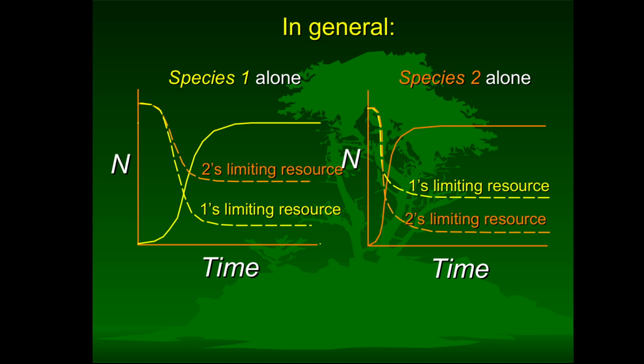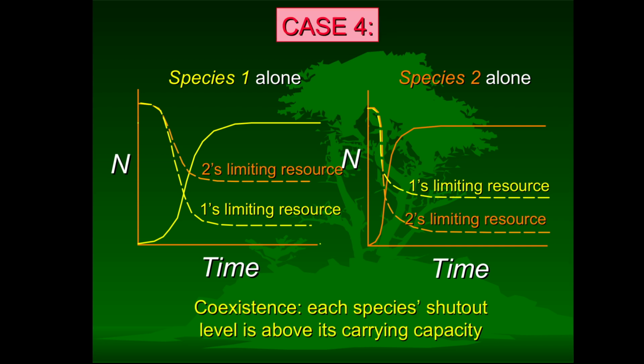So here's a case where coexistence is predicted. In this case, both species bring their own limiting resource down to a lower level than they bring the other one's down. So it's more limiting to itself than it is to the other species.